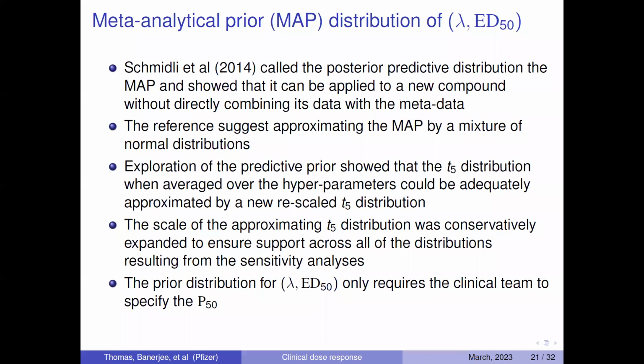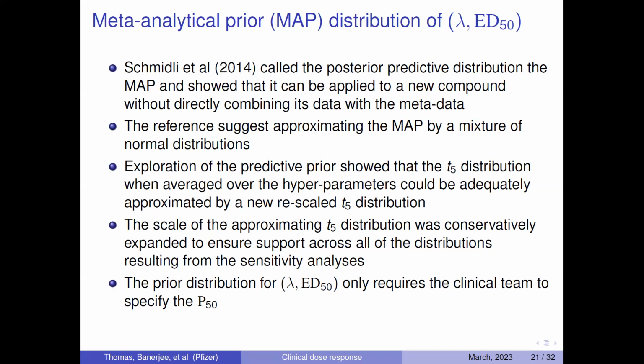All right. Now, the reference suggested using a mixture of normal distributions to approximate that meta-analytic prior. Remember, what we've got is 10,000 draws from that posterior predictive distribution, so we want to turn that into some type of analytic form. They suggested a mixture of normals. We actually went beyond that and looked at ways to simplify. What we found was that we're taking a T5 distribution and averaging over the distribution of the hyperparameters.